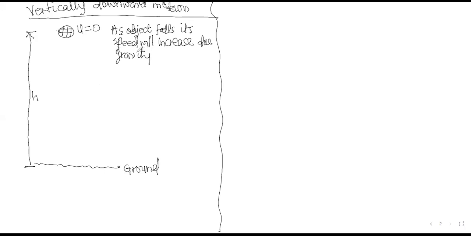So when an object falls from a height, as the object drops to the ground, its speed increases due to the force of gravity. Class, are we okay? Yes, please. And the body is then said to be free falling.